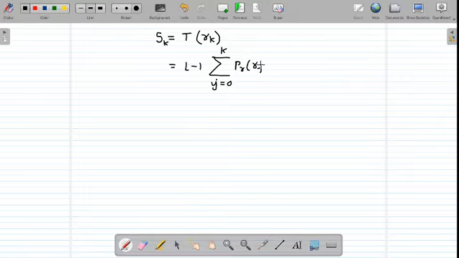So that is the formula which we need to find out.